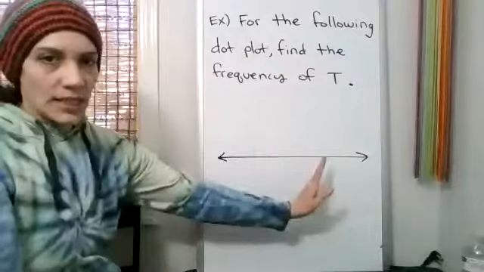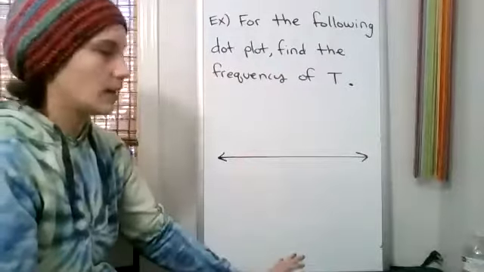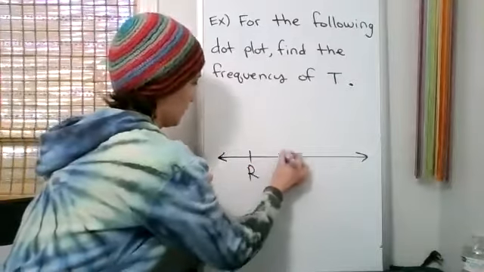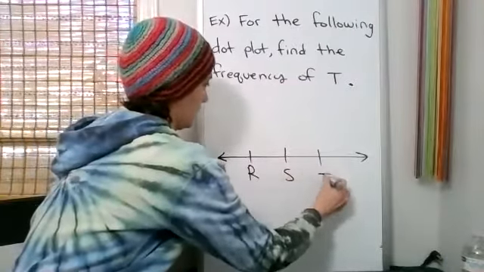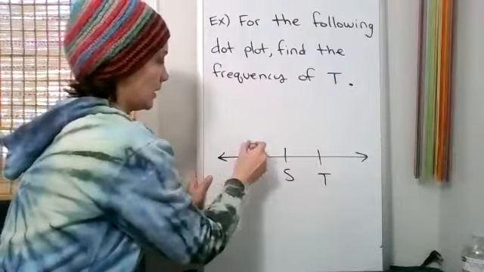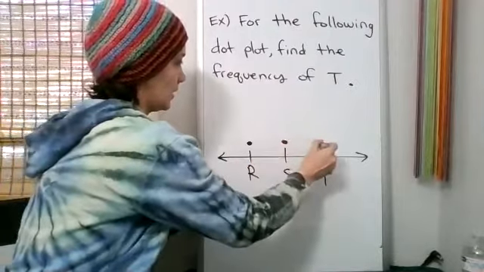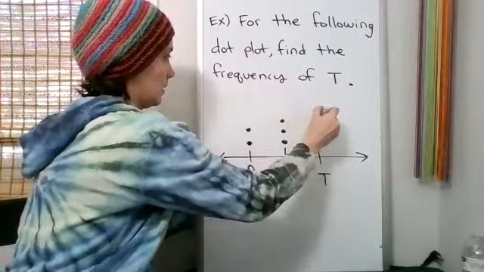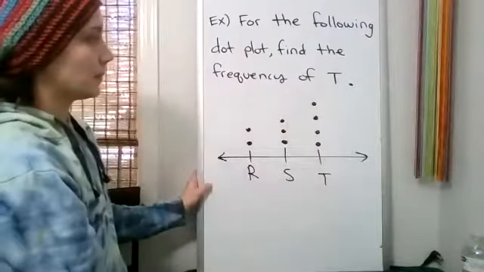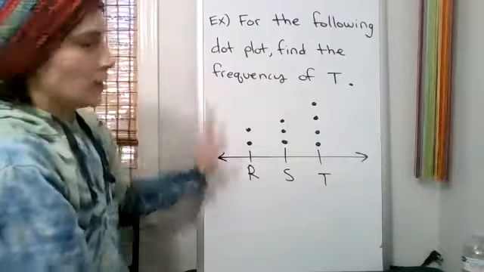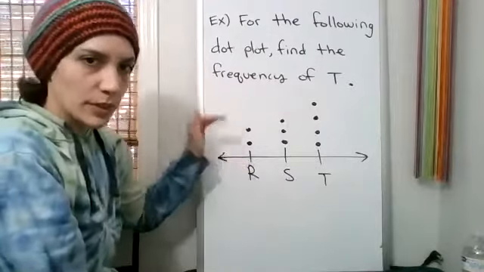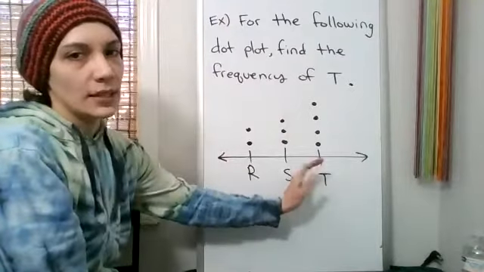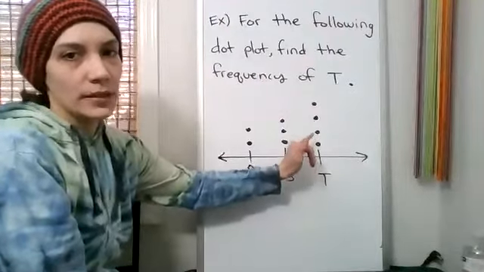So this is for the categories. The categories are R, S, T. Go like this, it's kind of across, stack. Okay, so the dots represent the number of occurrences, which is the frequency. The category you're looking at, T, has a frequency of 1, 2, 3, 4.